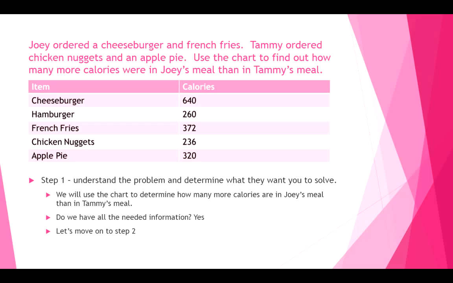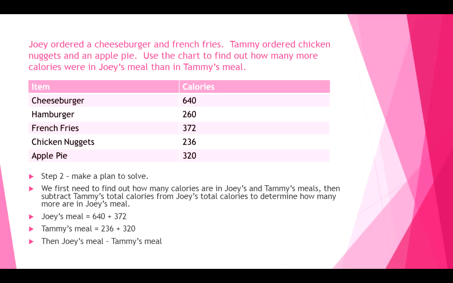Now let's move on to step 2. Step 2. We're going to make a plan to solve this problem. As you already know, we first need to find out how many calories were in Joey's meal and then how many calories were in Tammy's meal. Then we will subtract Tammy's total calories from Joey's total calories to determine how many more are in Joey's meal. So Joey had a cheeseburger and french fries. A cheeseburger has 640 calories and french fries has 372.